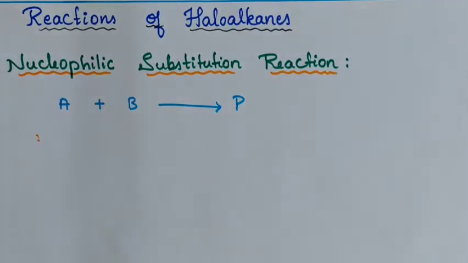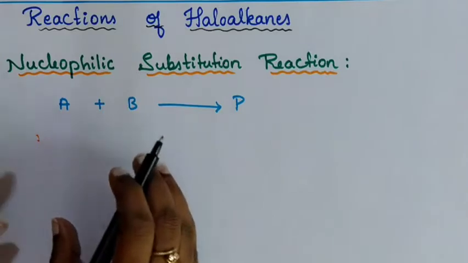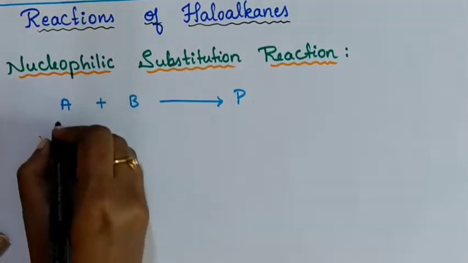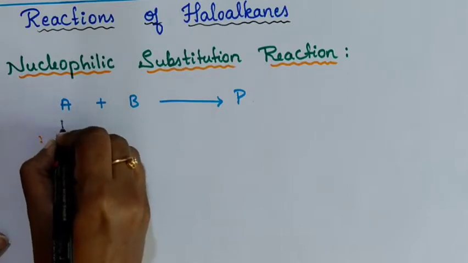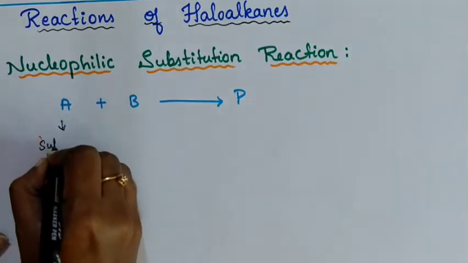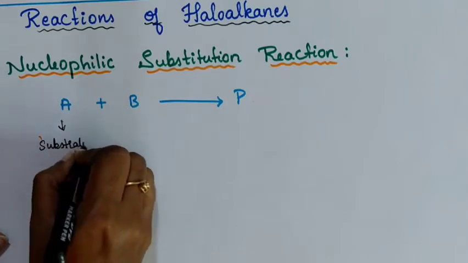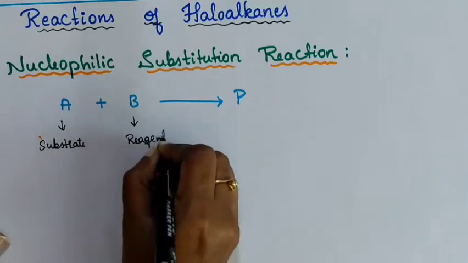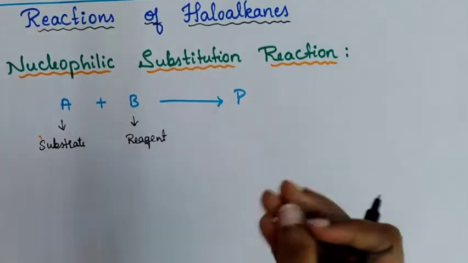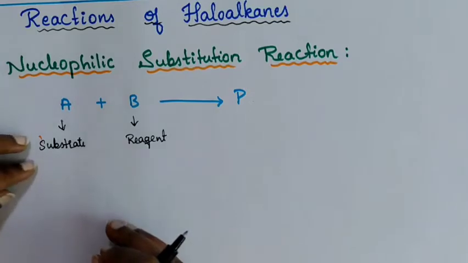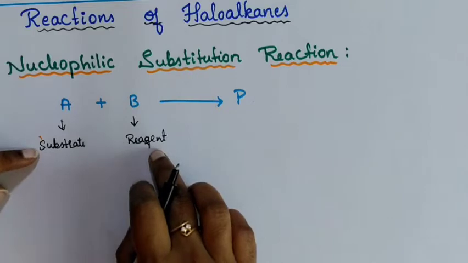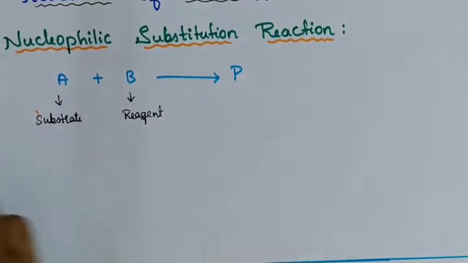When these two substances react, they are going to have names like substrate and reagent. When two reactants react together, one of the reactants is considered as substrate and the other reactant is considered as reagent. Now, what do you mean by this reagent?